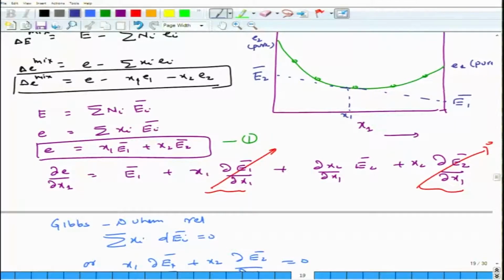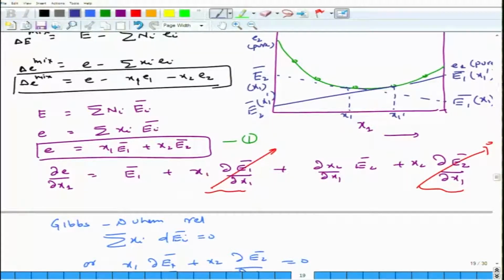So, graphically it's easy to evaluate if you have the data, but remember this E1 is at x1 and this E2 is also at x1. So, you keep changing the x1. For example, you are interested in here. That means you can draw a tangent to that particular point. So, this will be your E2 bar at x1 dash, this is E1 bar at x1 dash. So, graphically you can evaluate like this.